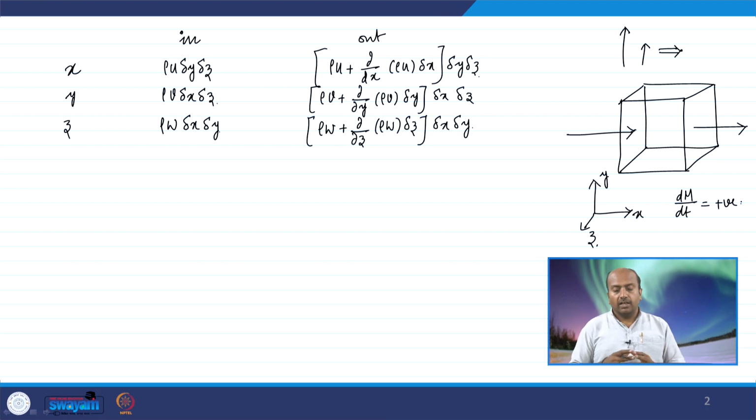So, inside the mass is increasing with respect to time, which is actually the difference between the rate at which mass is entering the fluid volume and mass is leaving the fluid volume. Exactly opposite, you can have this rate of change of mass inside the volume as negative if less mass is going in and more mass is going out.